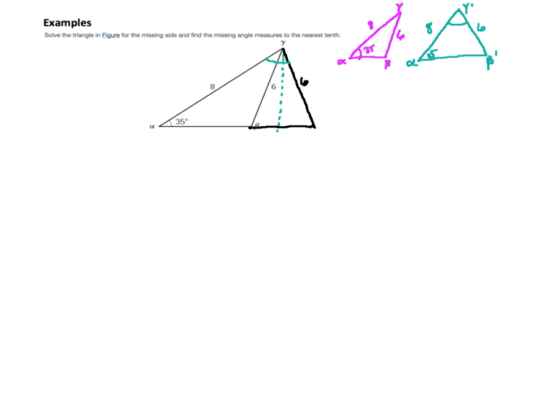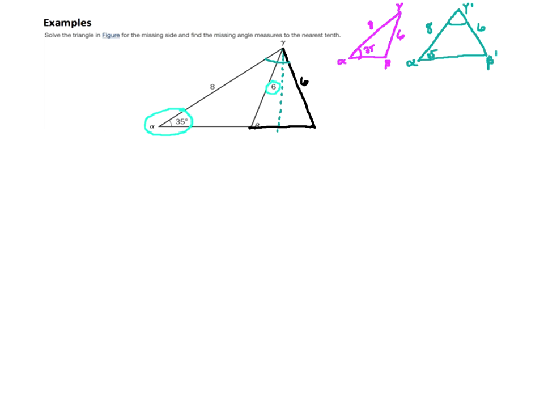All right. So the first thing that I ended up doing was figuring out what angle beta actually is. I started out with the law of sines because I know, let me point out what I know here. I know angle alpha, and I know its opposite side 6.